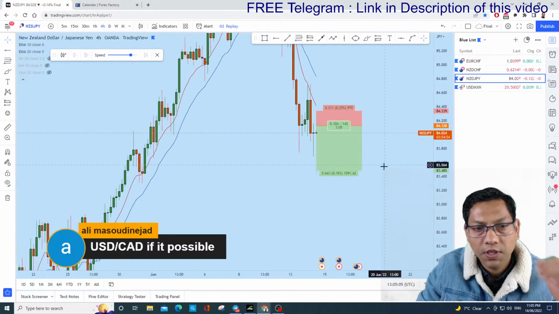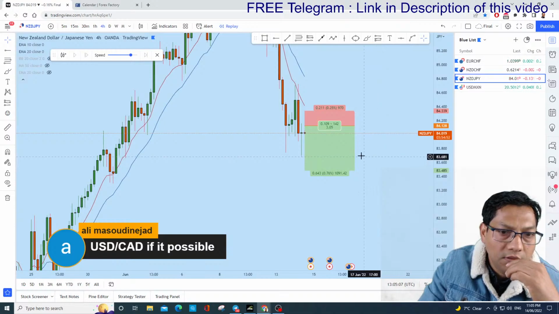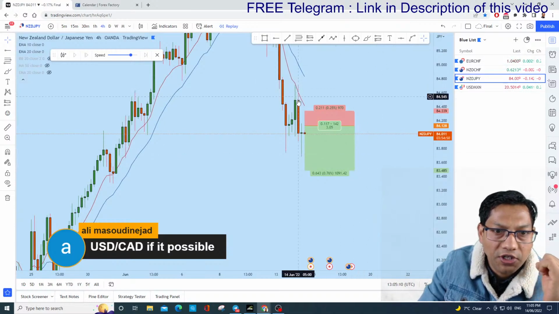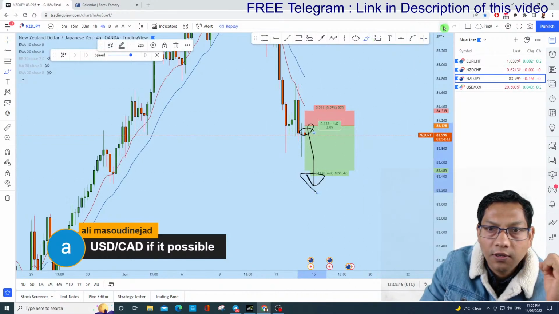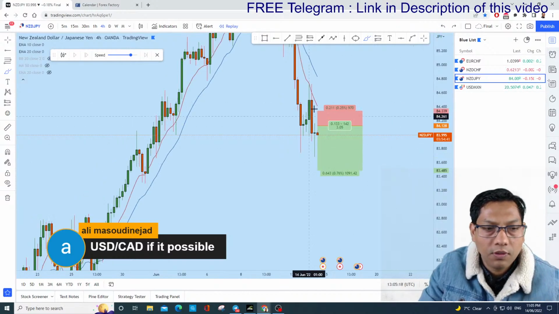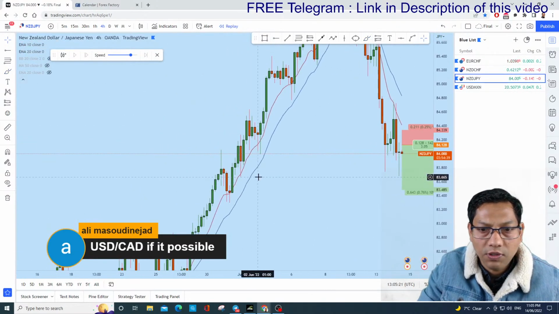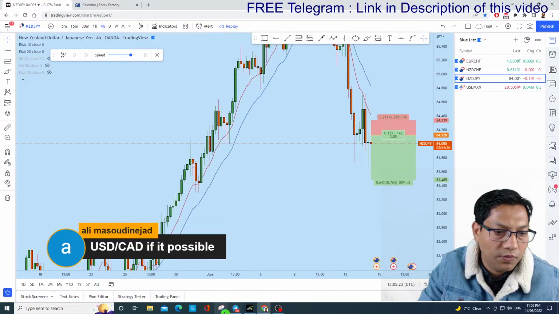I think USDJPY will do that, because there is a bearish engulfing followed by this doji. I think it will simply drop from here. Okay, so let me send it to the GBPUSD.